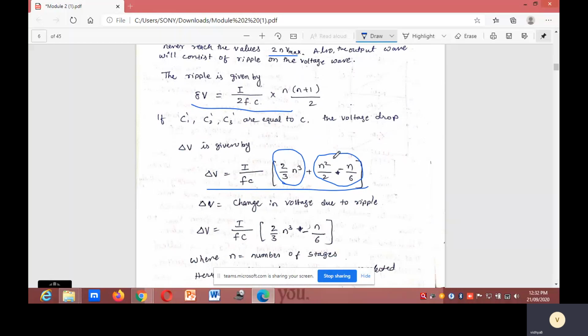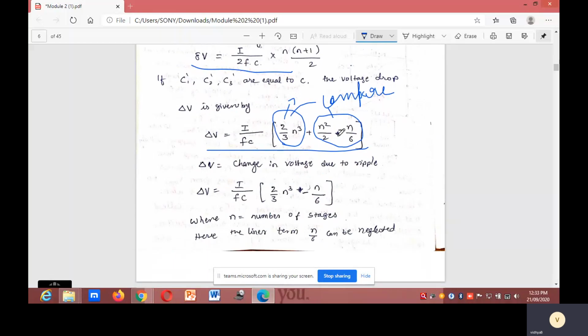When you compare these two terms, this one is greater, so we neglect the other one.